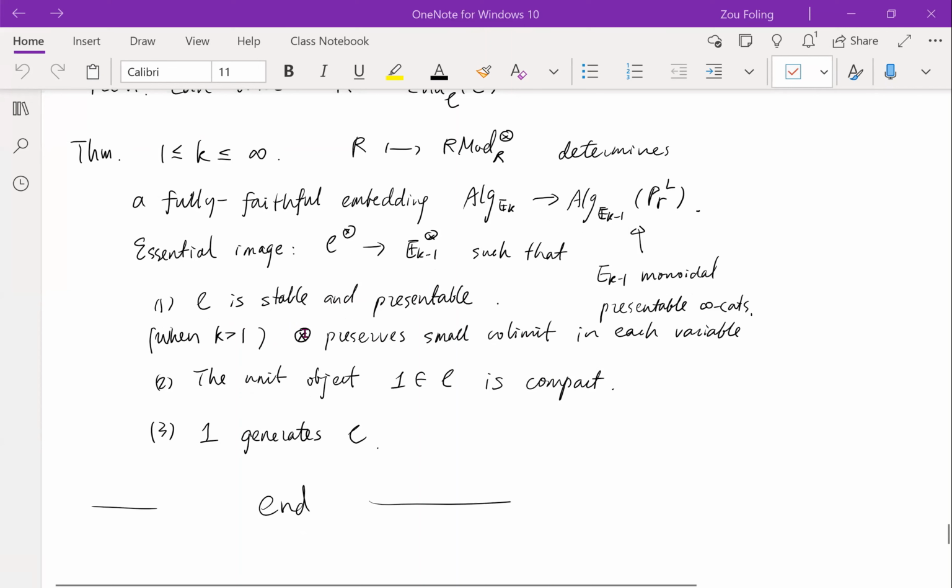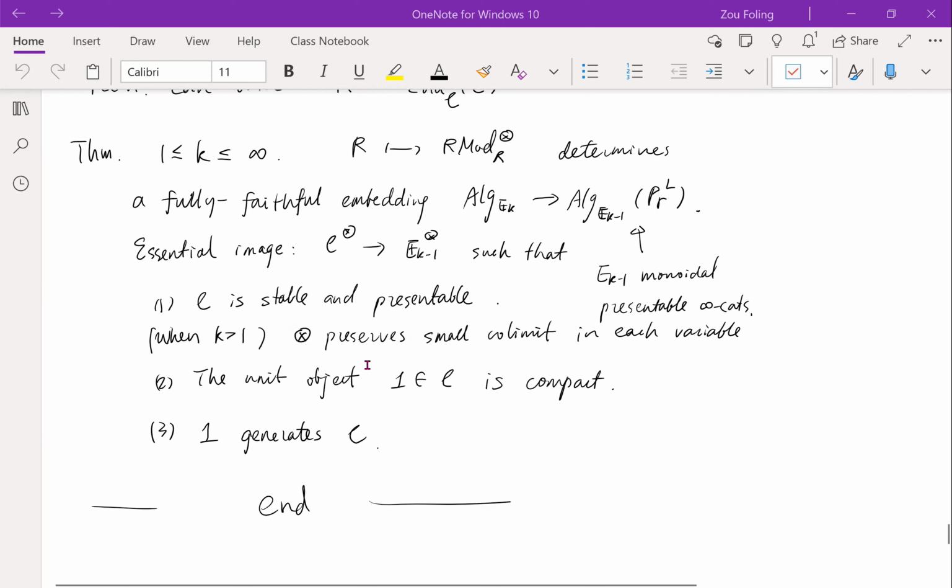The tensor is not explicit, but if you have k greater than 1, which means k-1 is greater than 0, so it's at least E1, then an at least E1 monoidal category will come with a tensor product, and we want that tensor product to preserve small colimits in each variable.